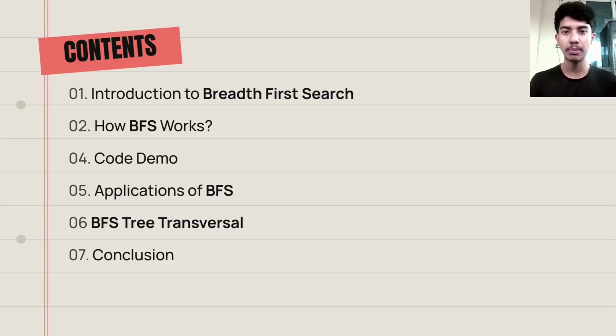Then, we will explore some real world applications of BFS from network routing to game AI and beyond. We will also walk through BFS tree traversal, showing how it operates in tree structures specifically. And finally, we will wrap up with a quick conclusion summarizing what we have learned and why BFS remains a fundamental tool in algorithm design.